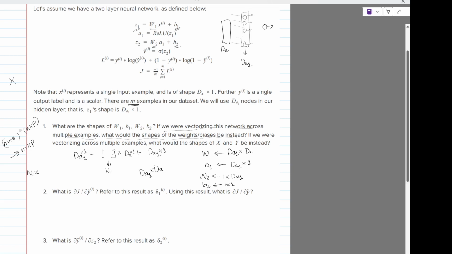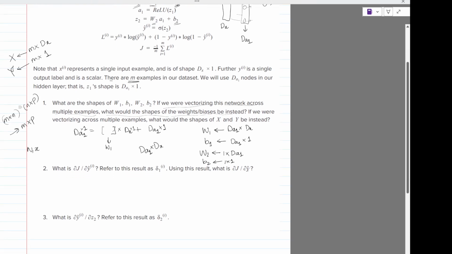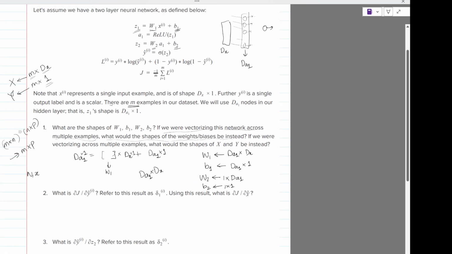X will be an m cross dx matrix, and y can be an m cross 1 matrix. For m samples, each sample has one output, and for each sample you have a dx dimensional feature input vector xi.